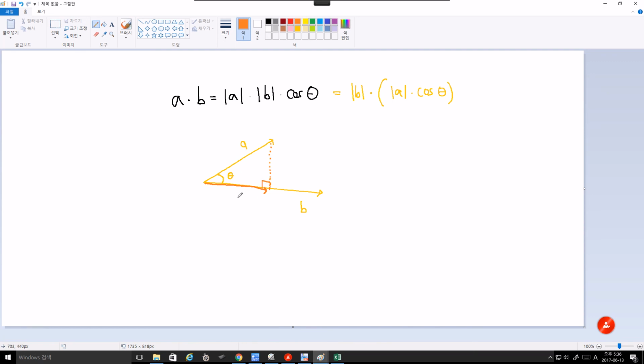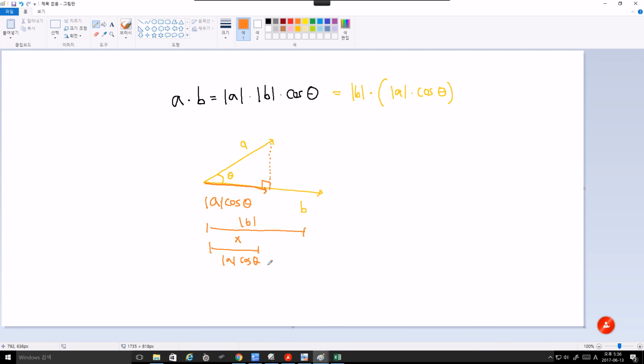It is perpendicular, so this is A cosine theta, of course, the length. And the length of B is B. So what we are doing is multiplying the length of this piece and the length of this piece.